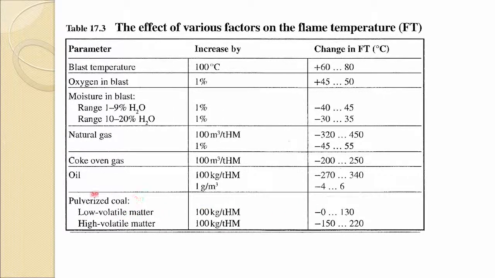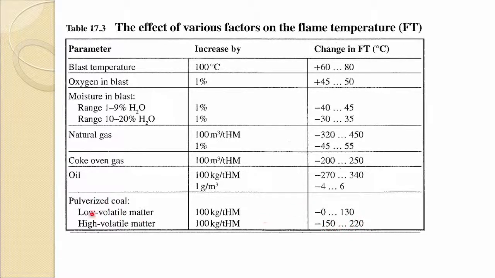Pulverized coal and oil are quite prevalent in the blast furnace to use along with the air blast. So, low volatile pulverized coal, if one uses about 100 kg per ton of hot metal, it reduces the flame temperature between 0 to 130, and high volatile between 150 and 220.